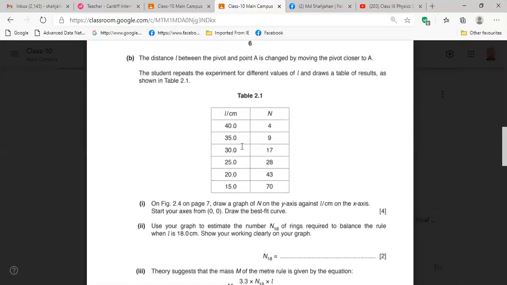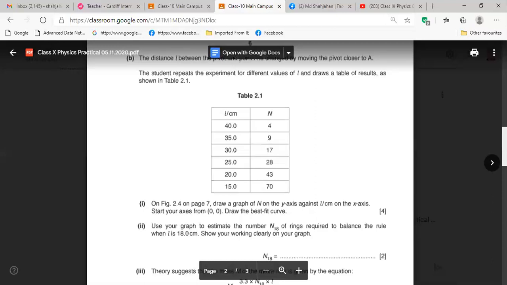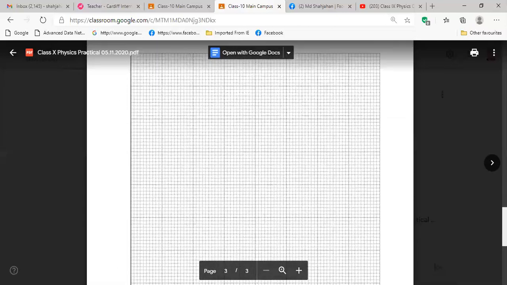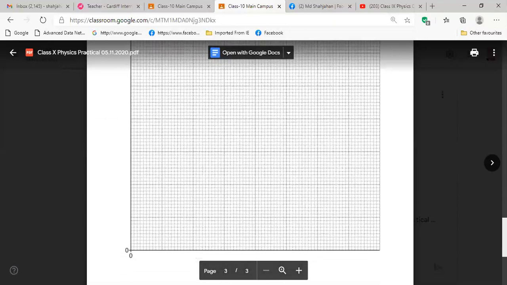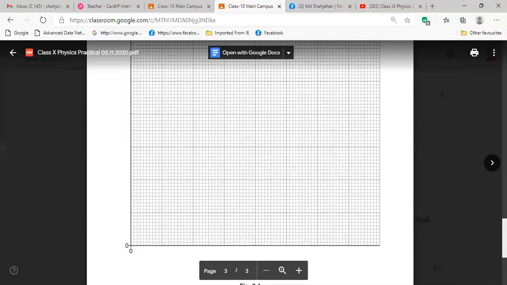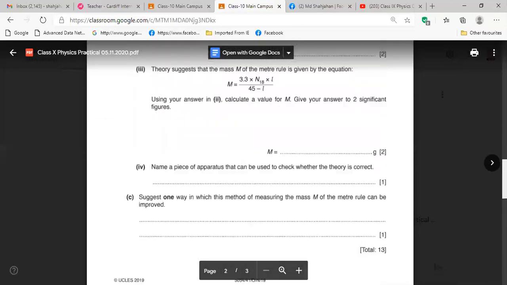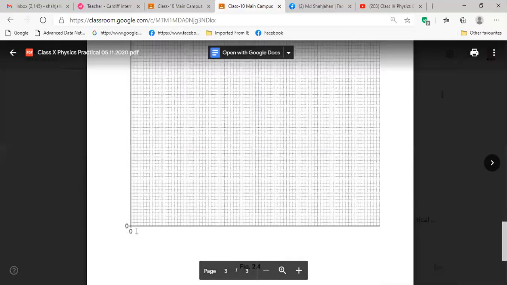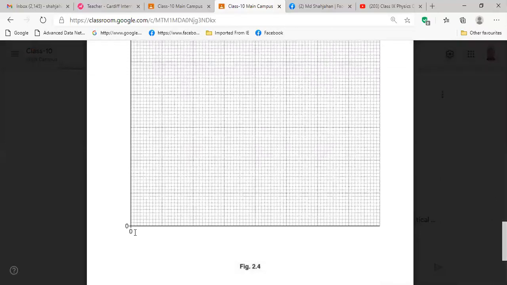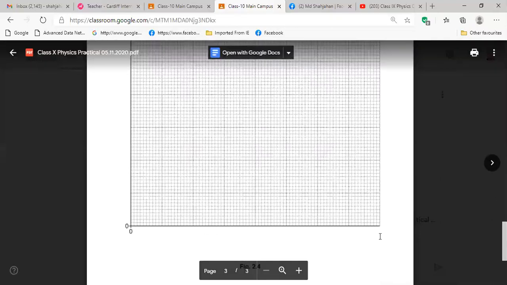So if you want to have your graph correctly scaled, then for the x-axis, where you are taking L in centimeters from 0 to 40, it's better to take here 0, then here 40, then here will be 10, 20, 30, 40.